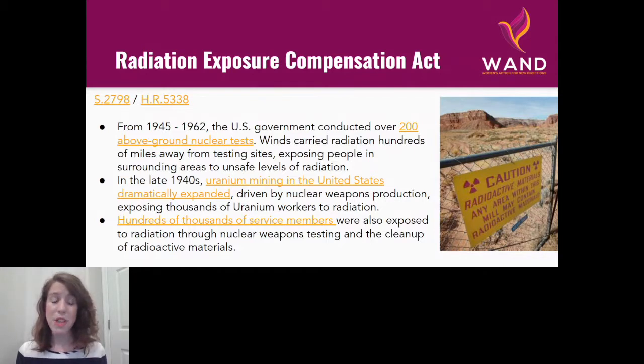The US government knew that there was more that we could be doing to protect these workers that we just didn't do. So this legislation seeks to extend and expand compensation for both downwinders and uranium workers, and then select service members as well who were involved in nuclear testing on test sites. The bill numbers are up here, and they're also in our lobby day materials. You can check if your members have co-sponsored yet, but this is a really important issue to us.